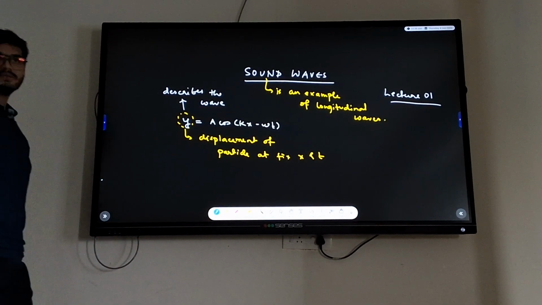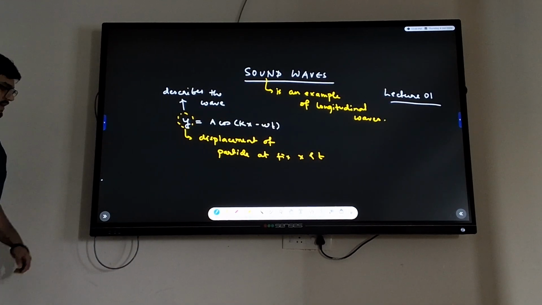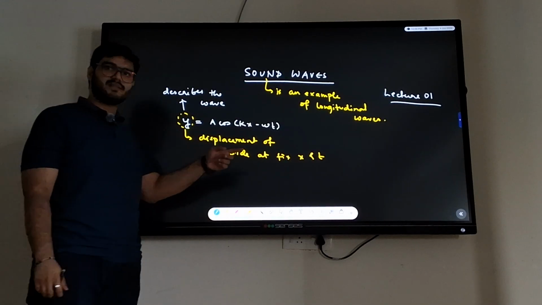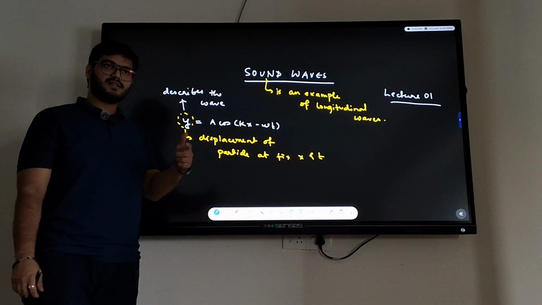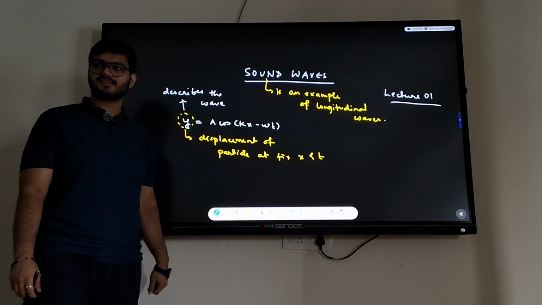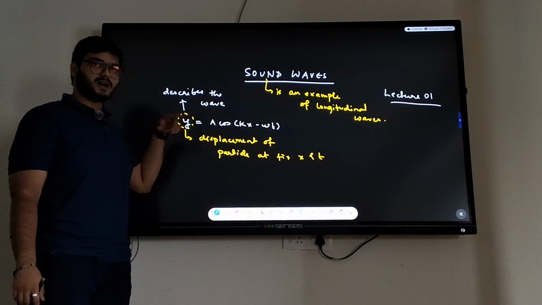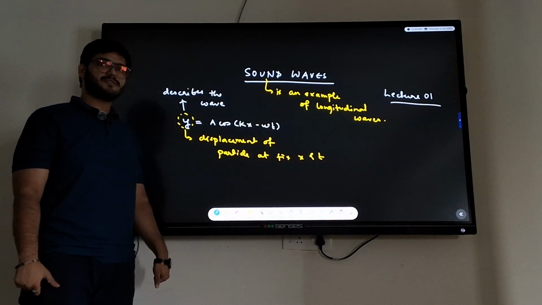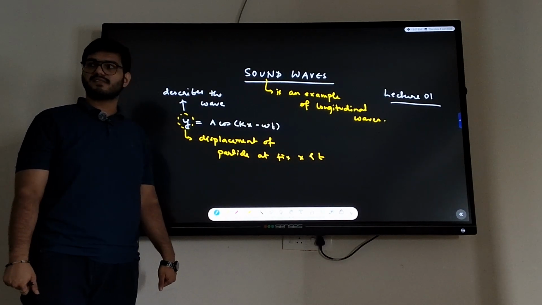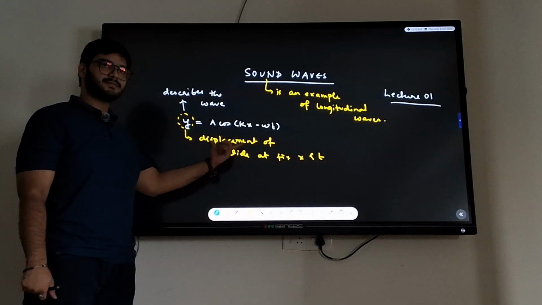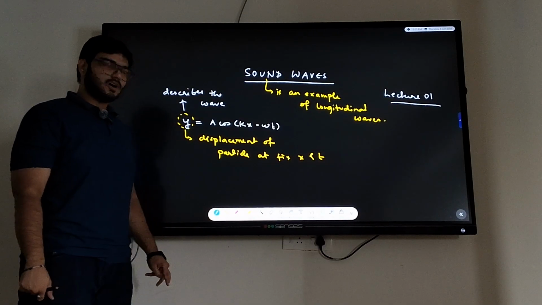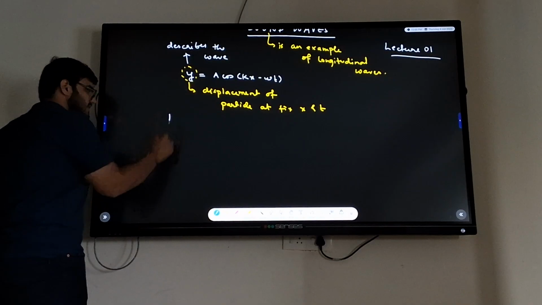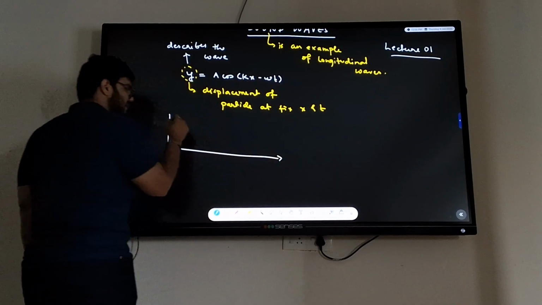And then we used to say, just by tracking the motion of the particles, if you know how the particles will move as a function of x and time, you can actually describe how the wave will move. So the physical quantity that we were concerned with was displacement. Displacement.